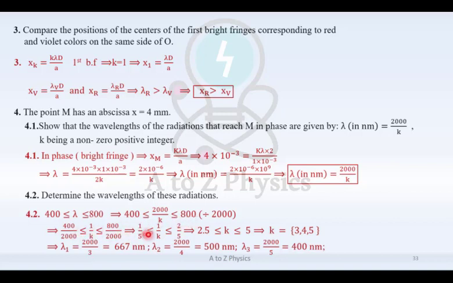After a simple calculation, you will obtain that k is between 2.5 and 5. So k will be equal to 3, 4, and 5. After replacing the values of k in the expression of lambda, you will have lambda 1 equal 667 nanometer, lambda 2 equal 500 nanometer, and lambda 3 equal 400 nanometer.